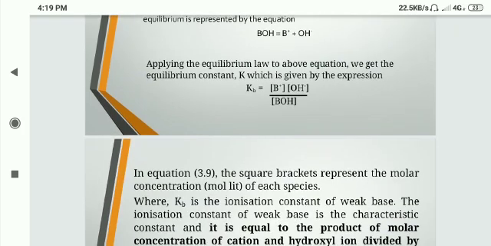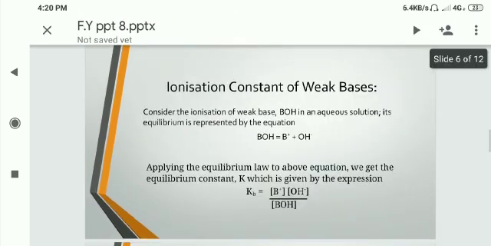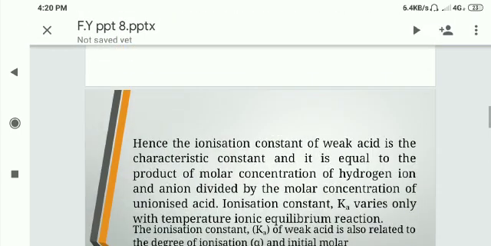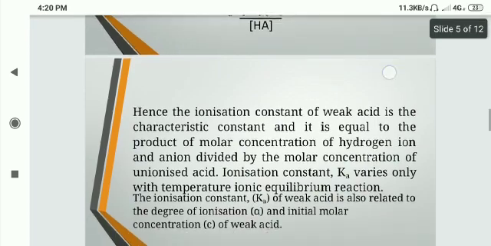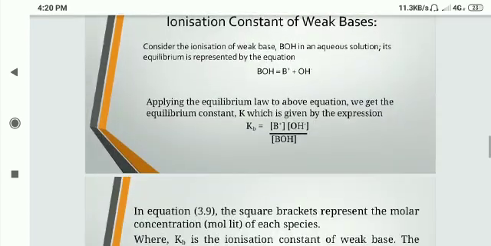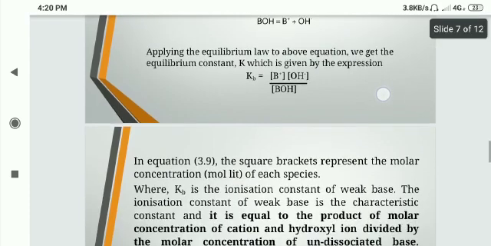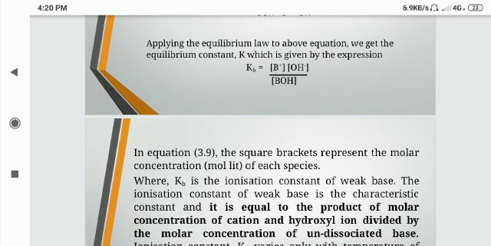In the above equation, the square bracket represents the molar concentration of each species, where Kb is the ionization constant of weak base.